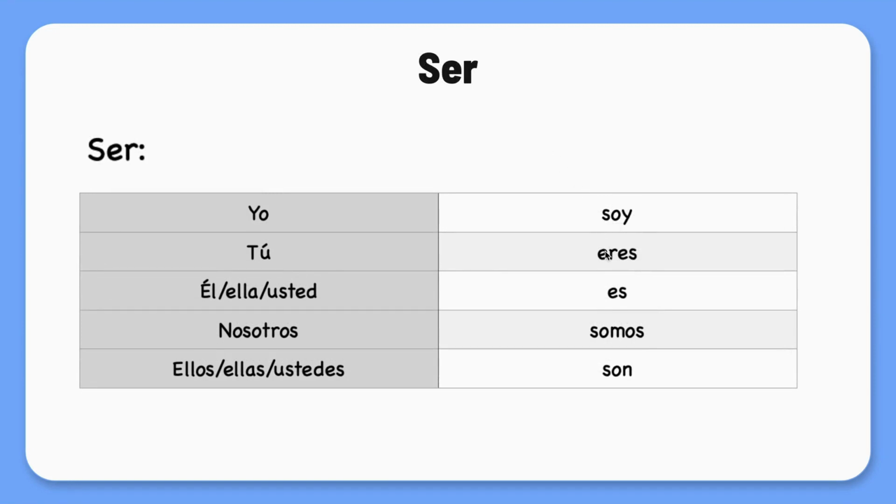Ser, these words, eres, es, none of them follow the typical pattern of conjugation. It is an irregular verb, right? So it does not look at all like the original. So in other words, you are going to just have to learn this conjugation. For those of you who have been doing Spanish for a while, you know that there is a pattern when you conjugate verbs.